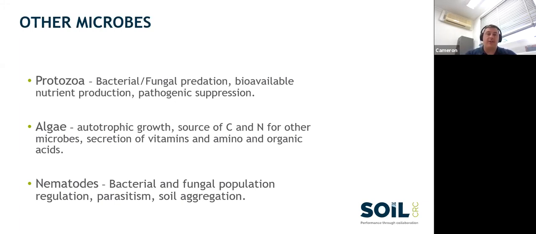Algae are very important. They're seen as the pioneers of the soil world. Algae are autotrophic. They are themselves a source of carbon and nitrogen for other microbes. So they attach themselves to anything they can, and the algae will grow, and then the bigger microbes will feed on the algae.